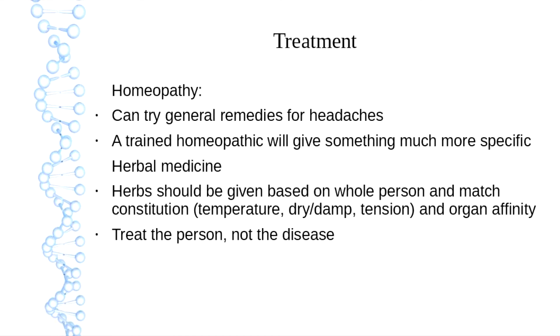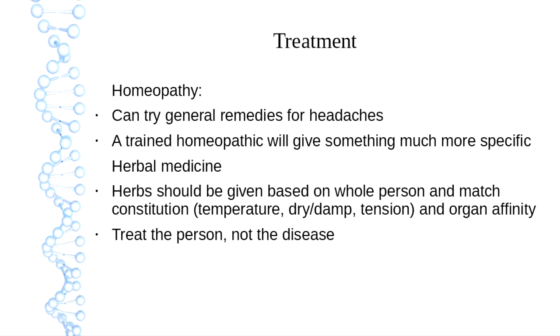The same thing can be said for herbal medicine. Feverfew, butterbur, those are great herbs to use as a palliative. But if you go to a trained practitioner, you're going to get herbs based upon you as a whole person. An herbalist is going to care about your constitution, your temperature, dry, damp, tension, relaxation.